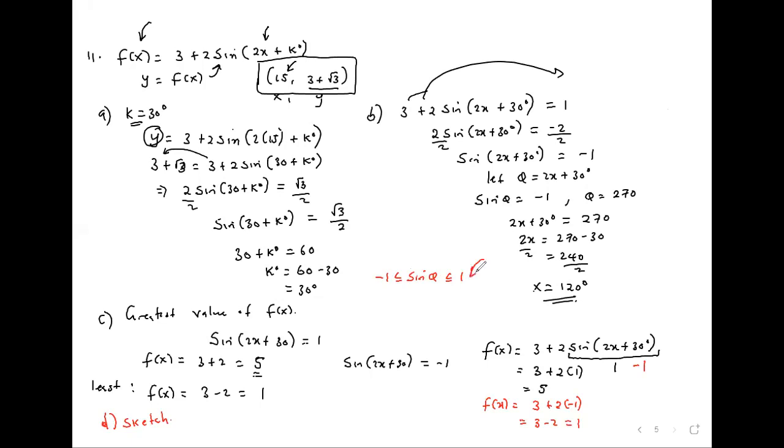If sine is 1, that's the time we expect to get a maximum value. So we'll get sine 2x plus 30 as 1 and substitute. We substitute 1, meaning it will multiply 2 and then add 3. So we'll get 5. Sine can also attain the least value, which is negative 1. Then you multiply 2 and get 3 minus 2, which is 1. That's how we get the solution.